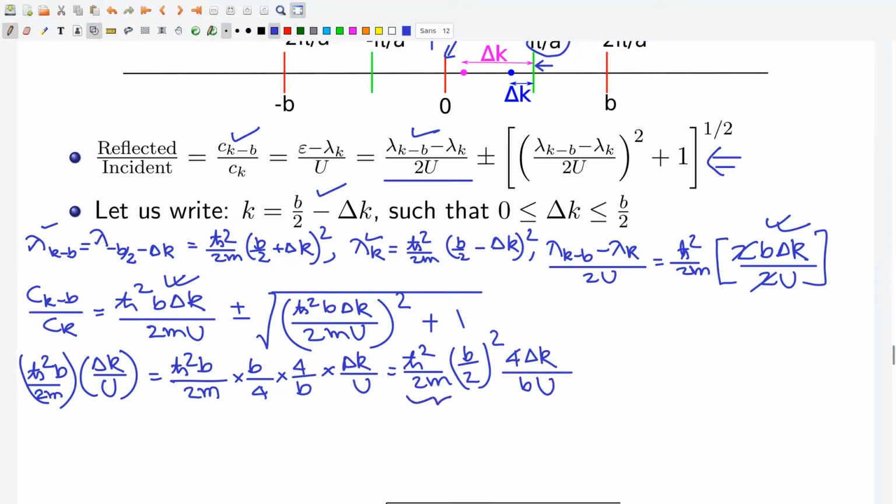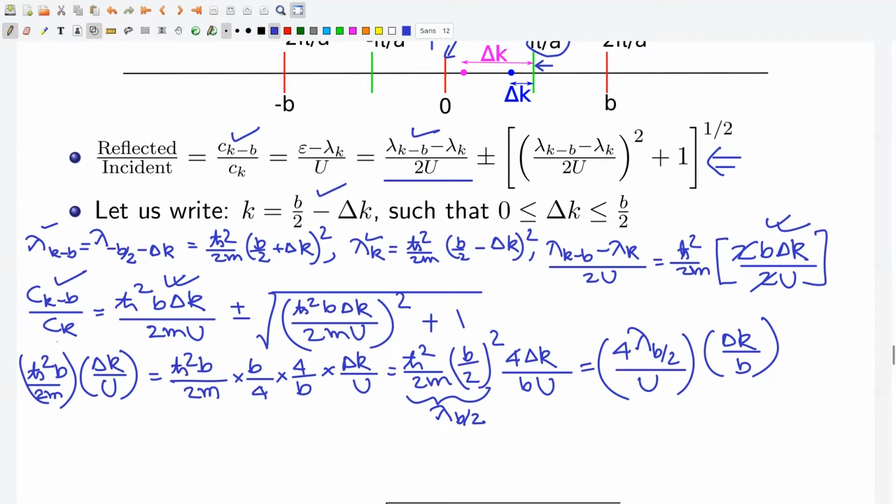Now note that this is equal to lambda b by 2, the energy of free electron with wave vector b by 2. So we write it as 4 lambda b by 2 divided by U times delta K by b. Now we replace this term in the equation of Ck minus b divided by Ck.